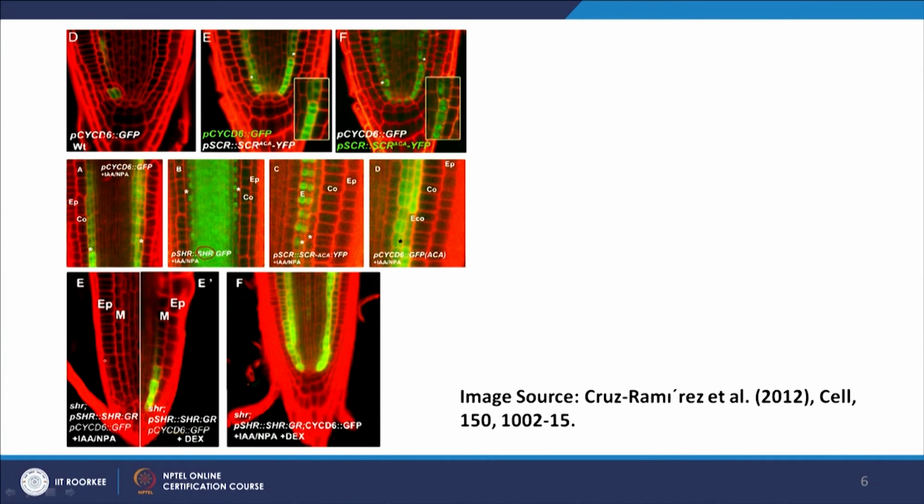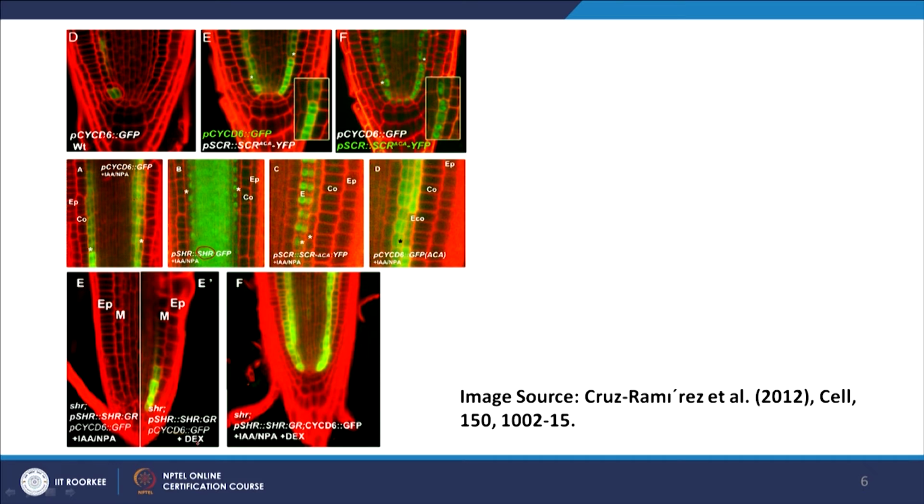So what happens here? In the short root mutant, since we are not treating with dexamethasone, you do not see the complementation. This is a typical short root protein mutant, and you do not see induction of expression of the cyclin D gene.